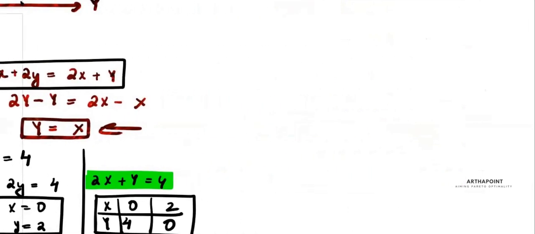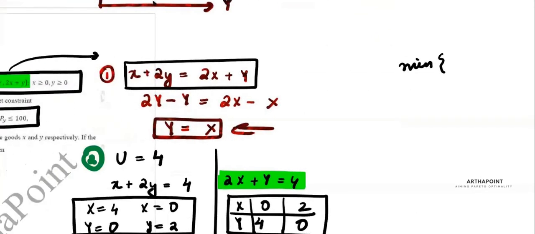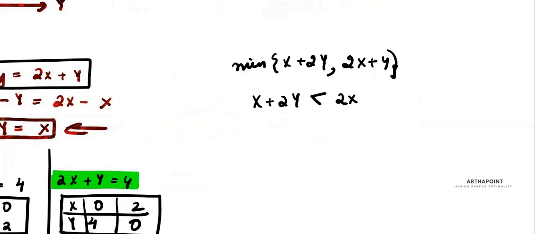Now just consider something, okay? If I take this function, min of x plus 2y, comma 2x plus y, and I ask you what will happen when x plus 2y is less than 2x plus y, you will tell me that the minimum between the two will be x plus 2y.